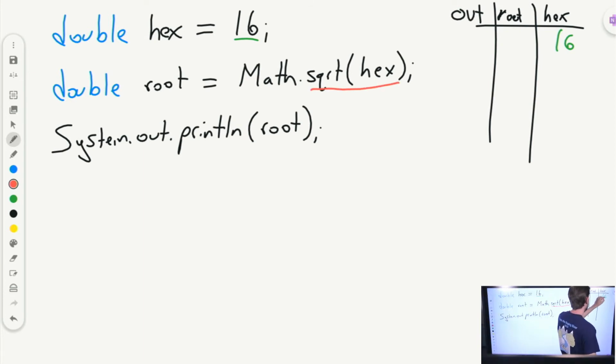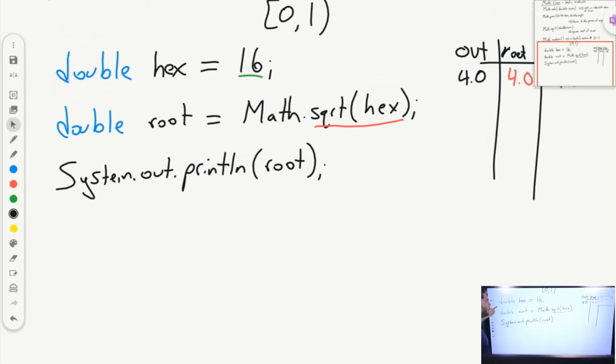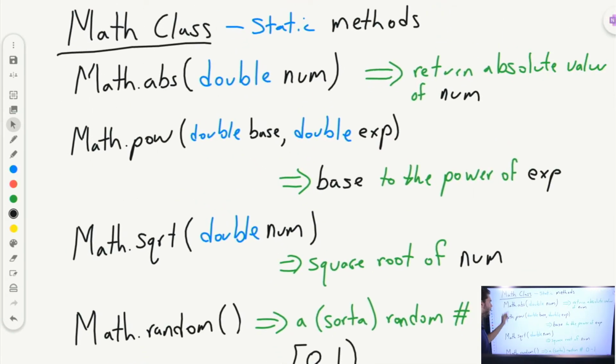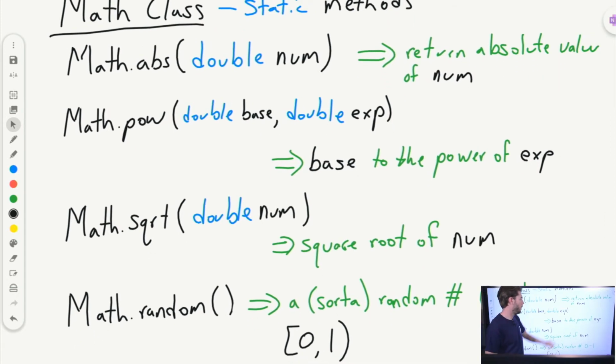The square root of 16 is 4.0. That means our System.out.println will print 4.0 for us. So this is the notation that we're going to use for all of these. Anytime you need a mathematical function, you use Math dot and then the function you need, pass the parameters to that method, and it will return some value.